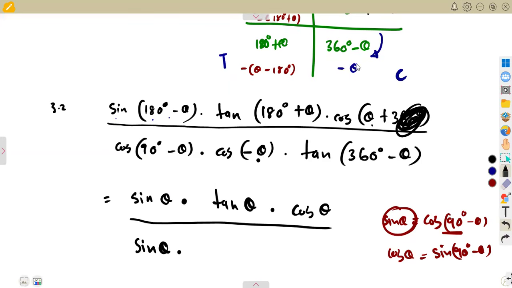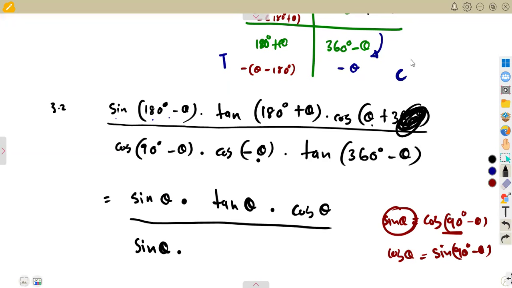Cos of minus theta is in the fourth quadrant. That's a negative angle. This angle, minus theta, is the same as cos of 360 minus theta. 360 minus theta is a positive angle, while minus theta represents a negative angle. I talked about the difference between these negative and positive angles.